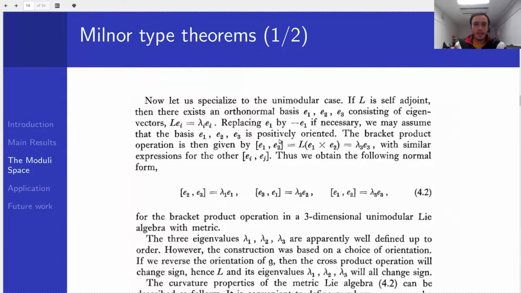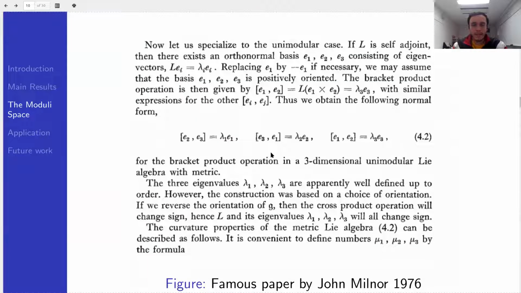These are called Milnor type because in a famous paper by John Milnor, he was studying left-invariant Riemannian structures on Lie groups. And inside that paper, he gives some special case in the unimodular case and in 3 dimensions.